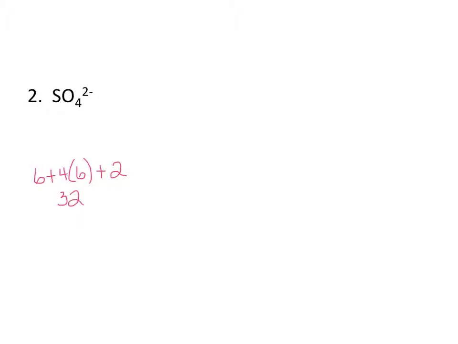So again, typically the first one listed is going to be your central atom, so that means sulfur. I've got it attached to 4 oxygen, so I've got that right there. That takes care of 8 electrons, and I've got to get to 32, so I've got to start with my outer ones.